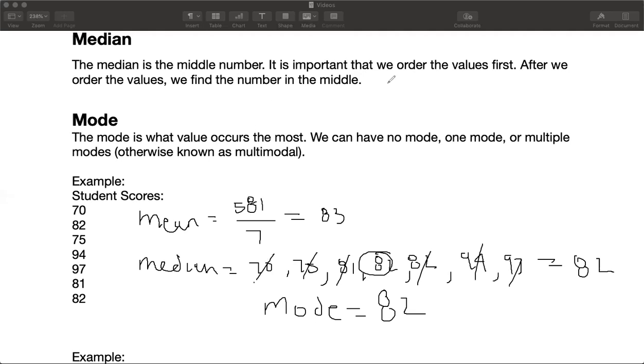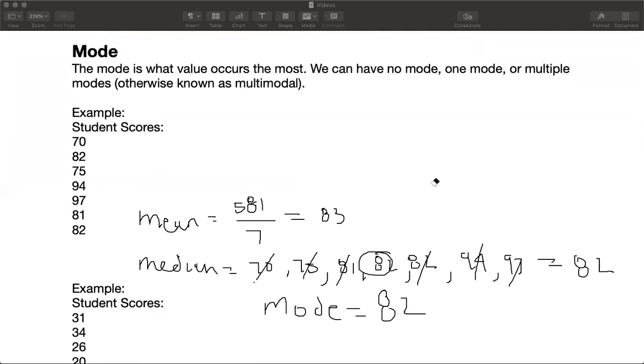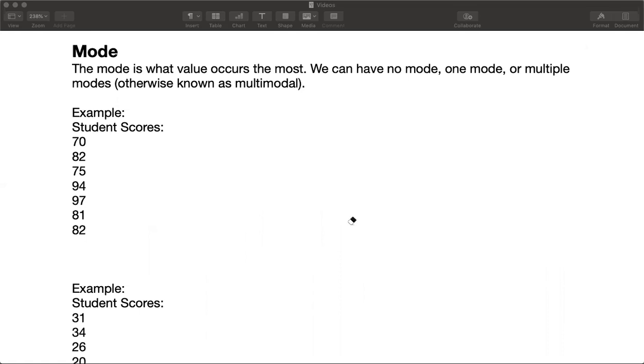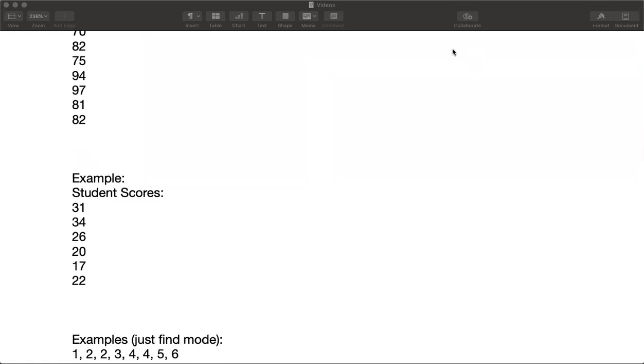Now let's take a look at our next example. In our next example here, we have another set of student scores. So if we were to find the mean, we're going to want to add up all these values.